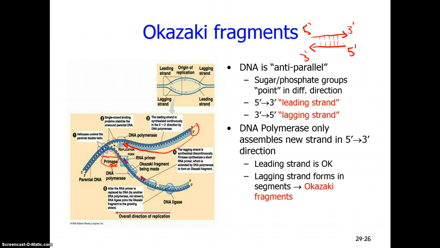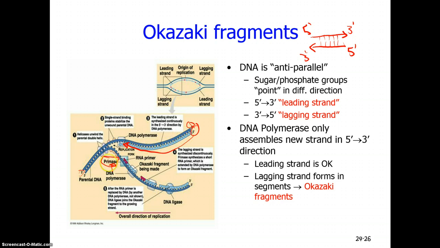DNA polymerase, while it is amazing, cannot go backwards. So the leading strand is okay because it can build from the 5' to the 3'. It can build the way that it needs to build. That's normal.